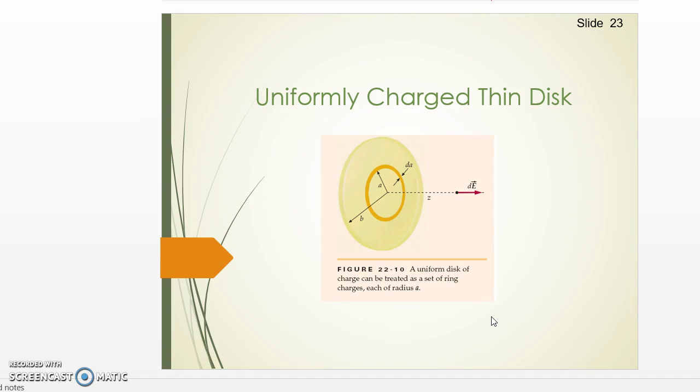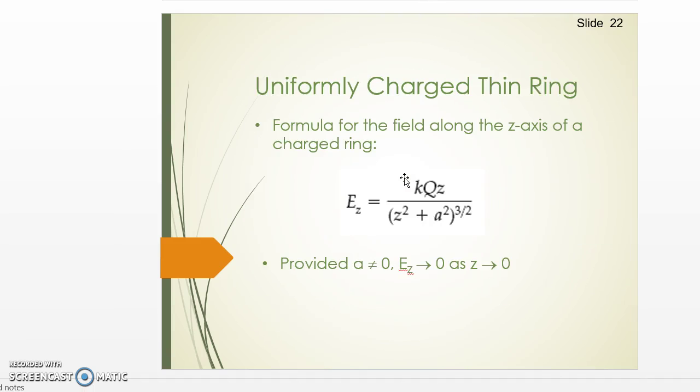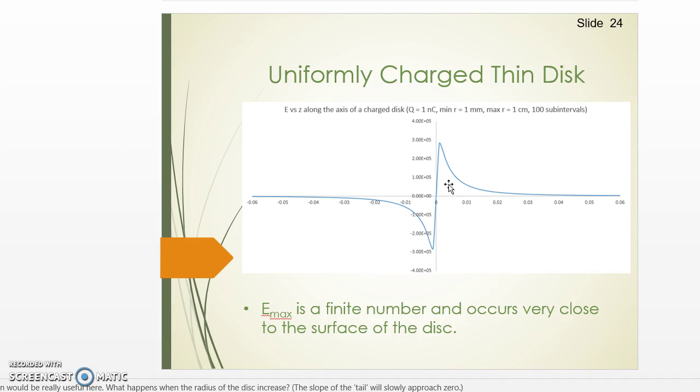So if you combine these together with a series of concentric rings, which I've done on a spreadsheet, I've started with a ring of radius 1 millimeter and I've gone out to 1 centimeter with 100 subintervals in between and added all the fields together with a total charge of 1 nanocoulomb, same charge as was on the thin ring before, but this time the total charge is distributed over all the rings.